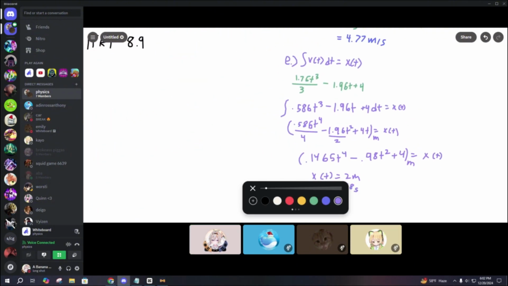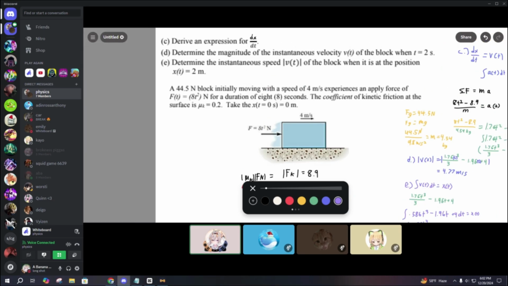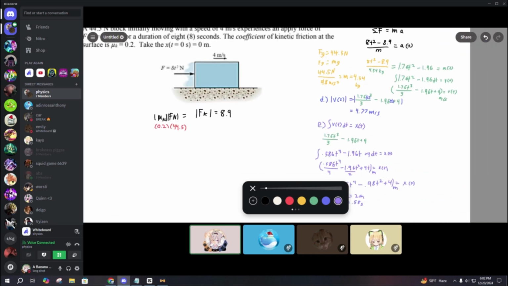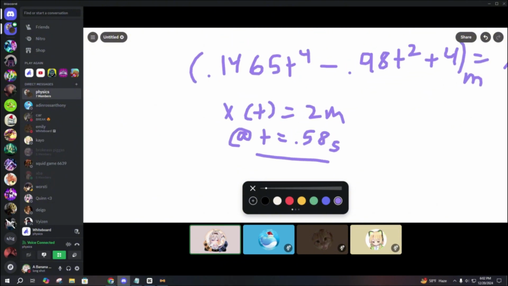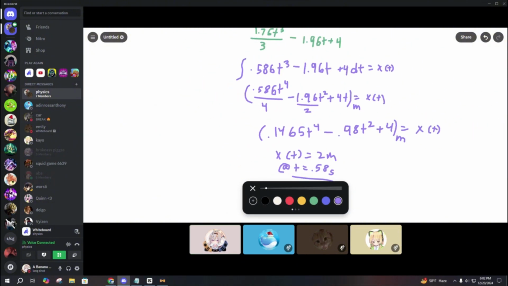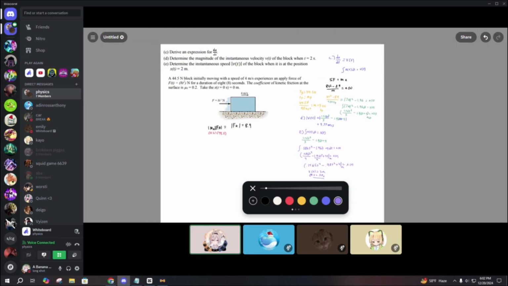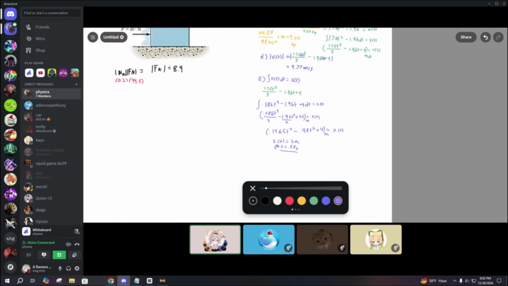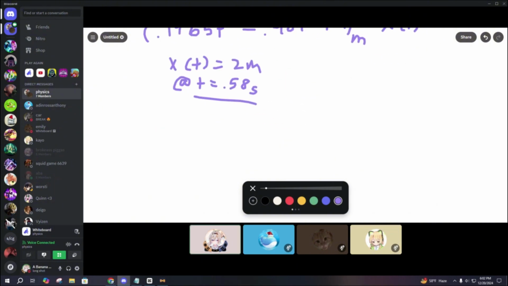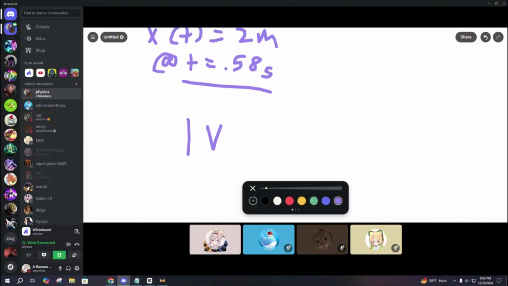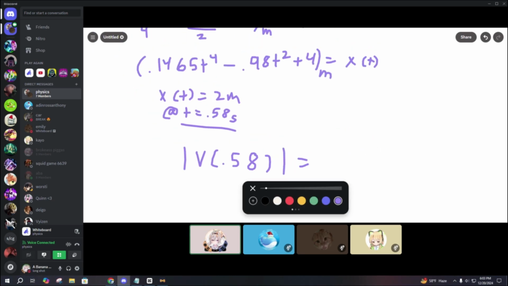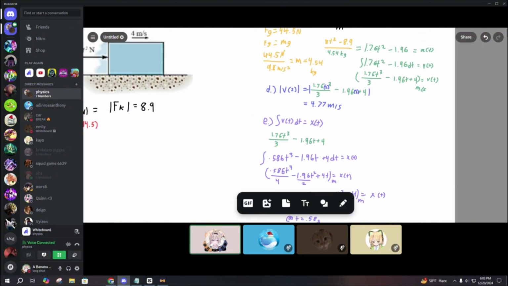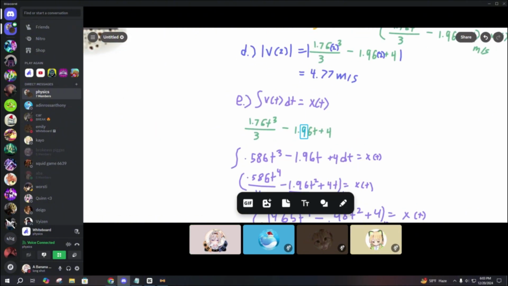So with this information, I need to find the velocity when it's at position x(t) equals 2 meters. Well, when is it at position x(t) equals 2 meters? At this time. So what do I do with this time? I plug it into the velocity function, but take the absolute value to find speed. So the velocity at 0.58 seconds is going to equal, well, where's my velocity function? Right here.